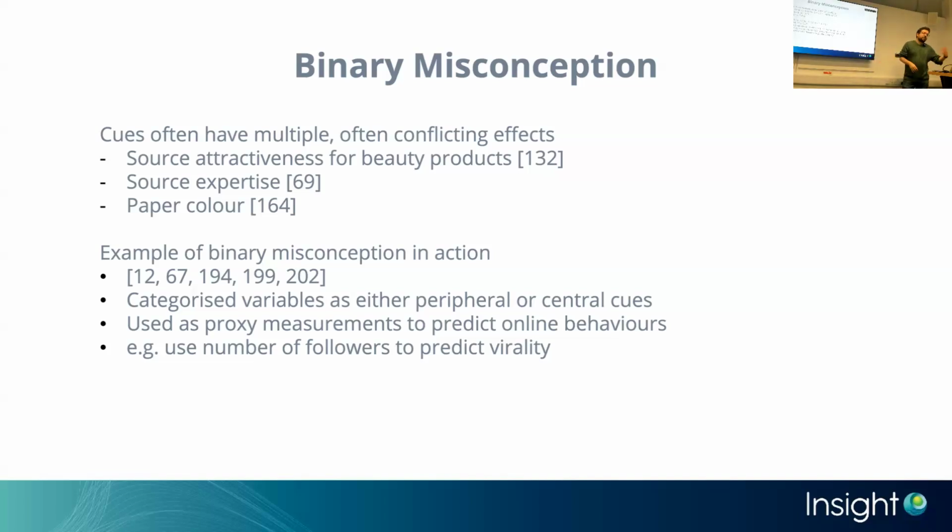They would say, okay, if a post has a large number of followers and the number of followers is a peripheral cue, that means people are processing peripherally the number of followers, and that's why posts are viral, as opposed to posts being viral if they have a lot of followers because it goes in front of a lot of people. Like, you don't have to do all of this proxy management around it.